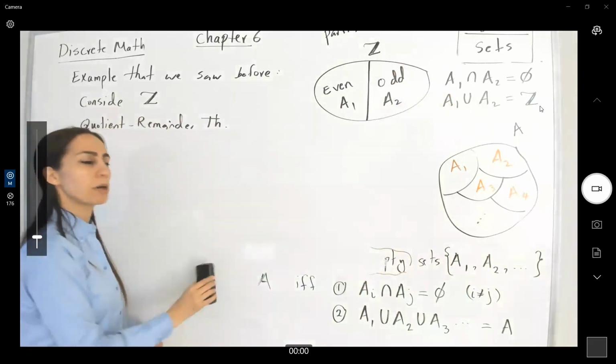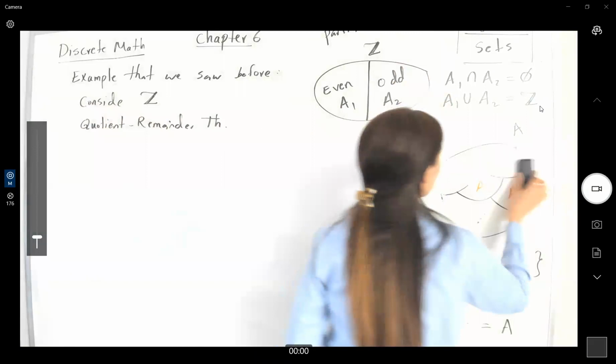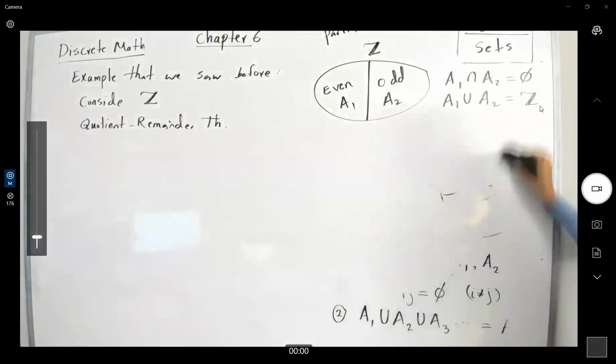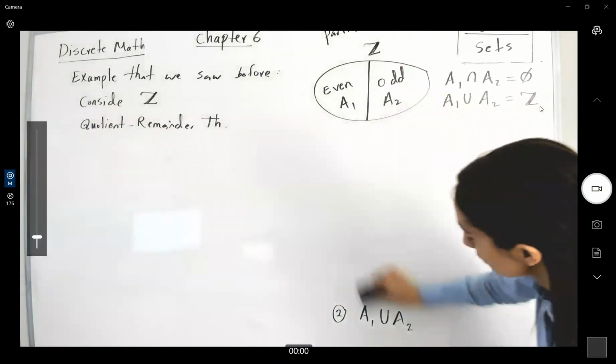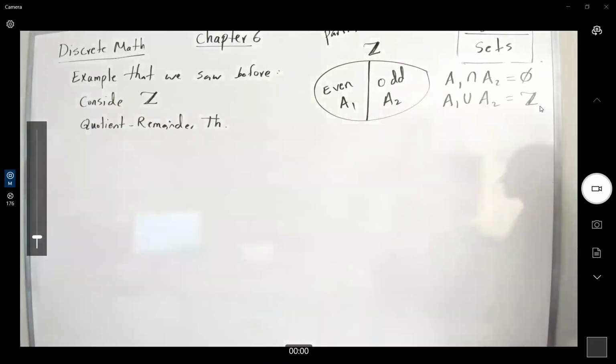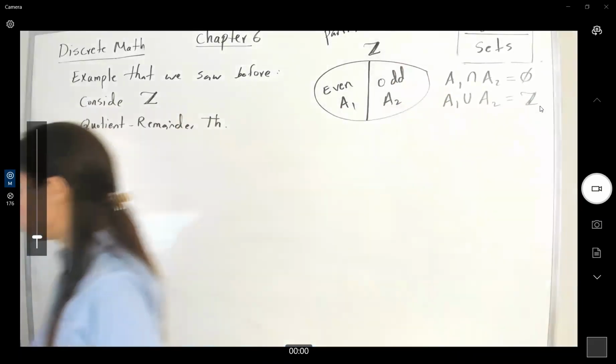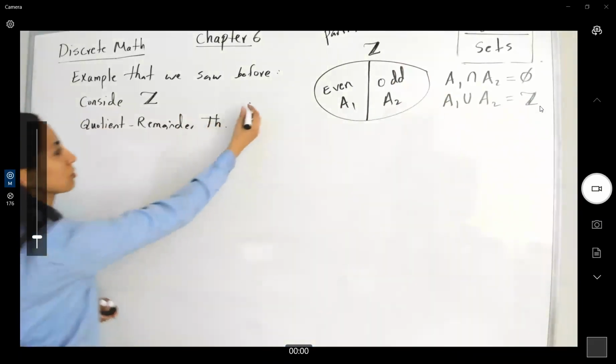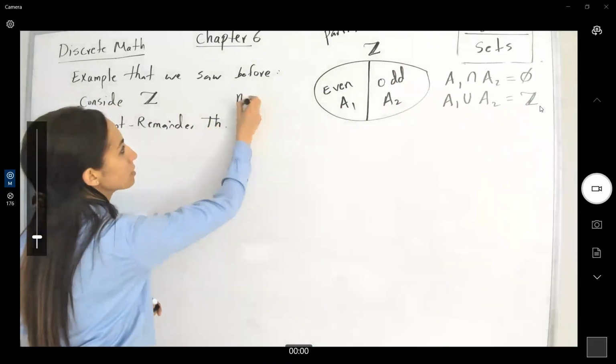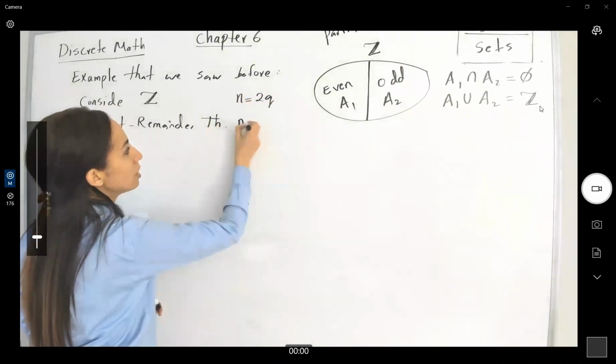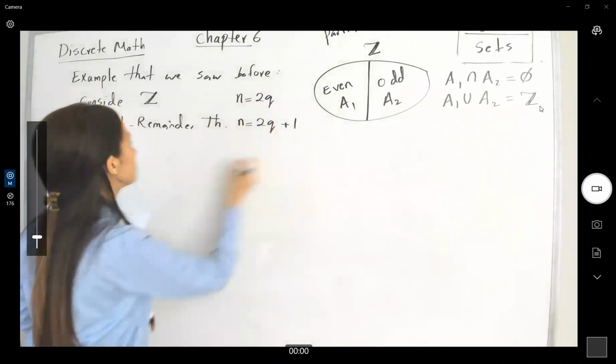So what if I divide by 3? How do I represent that partition? Dividing by 3 gives you 3 subsets, a new partition. So let me write this here. n equals 2q, n equals 2q plus 1.